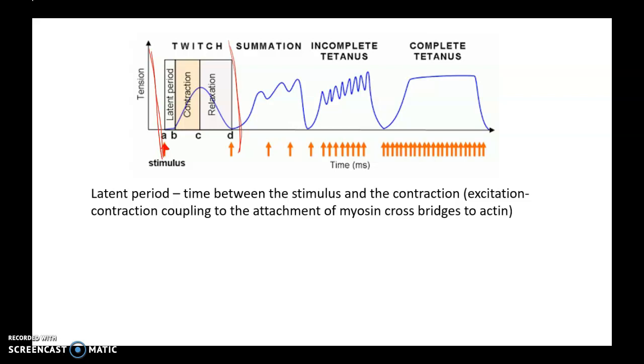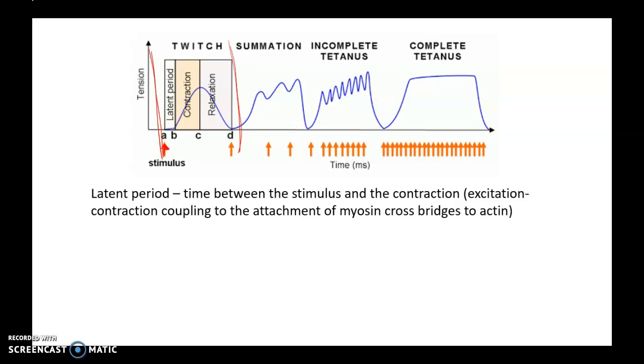And this latent period is defined as a time lapse between the electrical stimulus and the actual muscle contraction. Really important. So again, this is showing us that you have the electrical event or the electrical stimulus first, followed by the mechanical event of contraction.